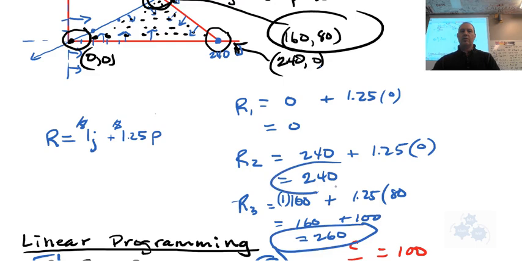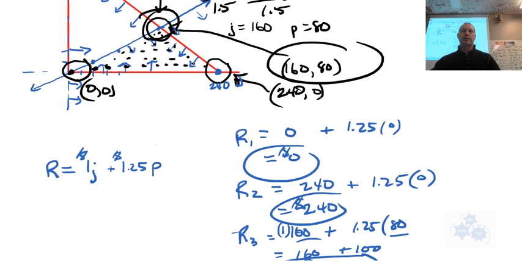So do you see how these are the numbers for revenue? These are dollars. So from this you can see that this point, 160, 80, right here, represents the optimal solution. So that's going to make you the most money. Okay? So you'd finish that off with a word sentence, and then this whole question would be done.